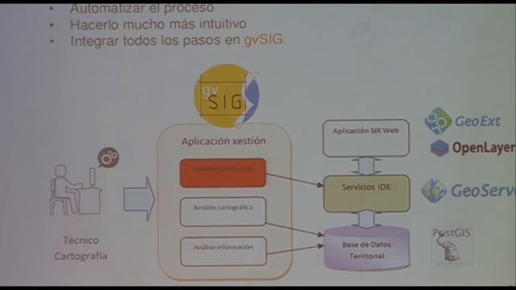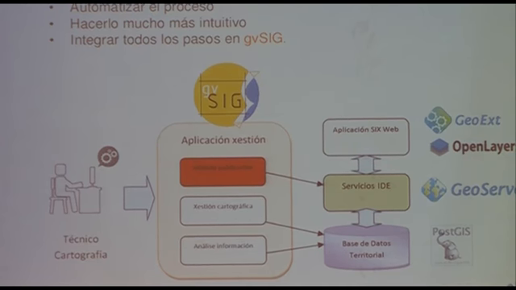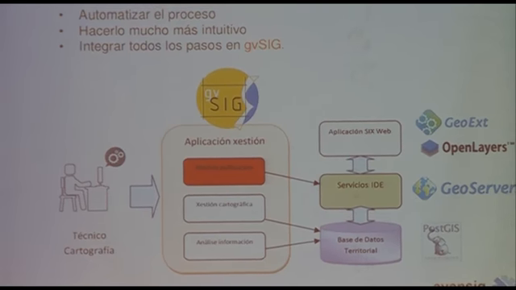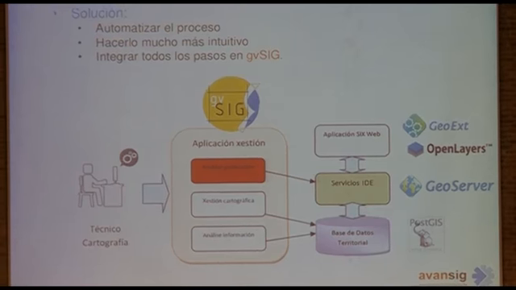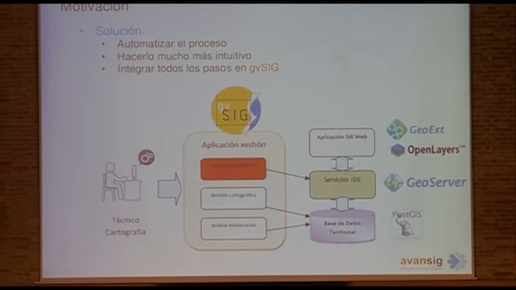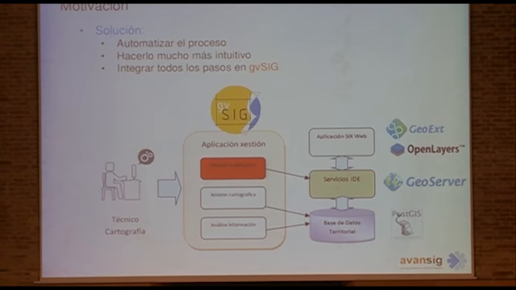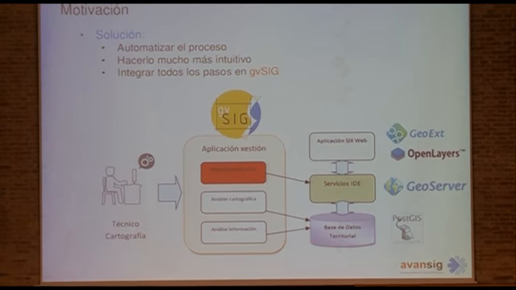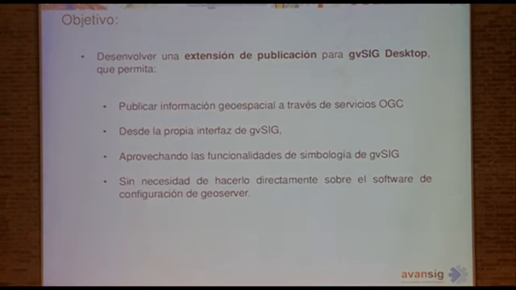The solution is to automate the process, integrating all the cases in just one tool, which handles its cartographic section, and then you can say this layer is published in the GeoServer.